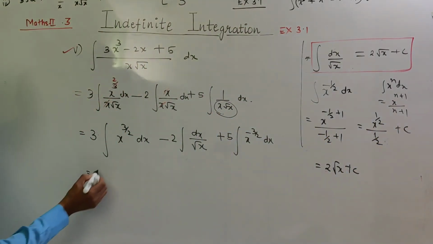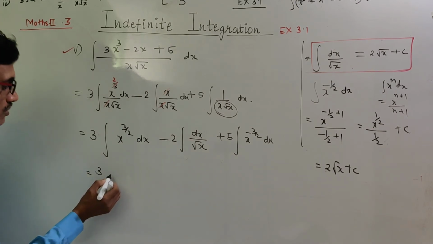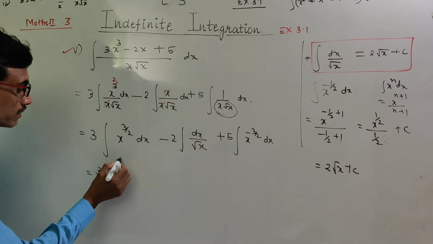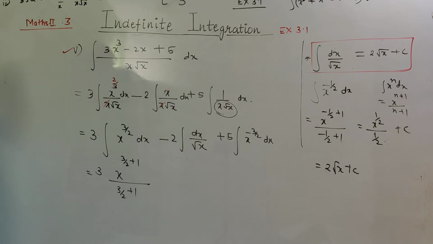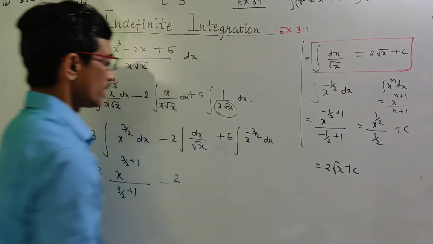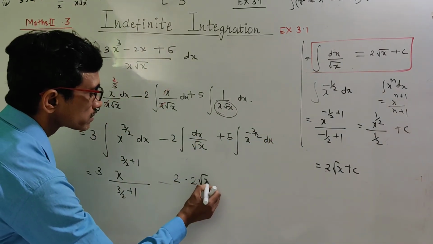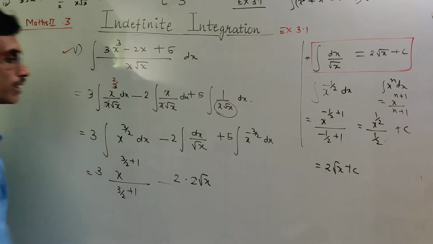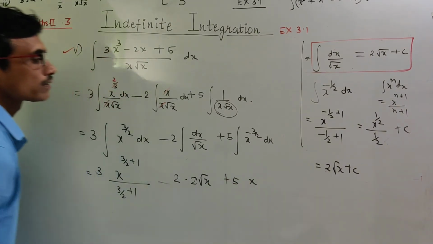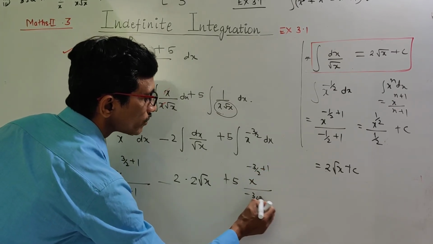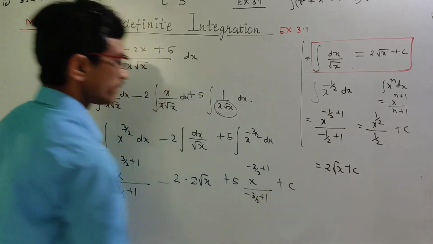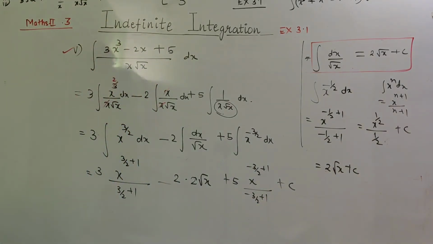So this formula we use here, 3 times x raised to power 3 by 2 plus 1 upon 3 by 2 plus 1, minus 2 times dx upon root x, use this formula 2 root x, plus 5 into x raised to power minus 3 by 2 plus 1 upon minus 3 by 2 plus 1 and plus c.